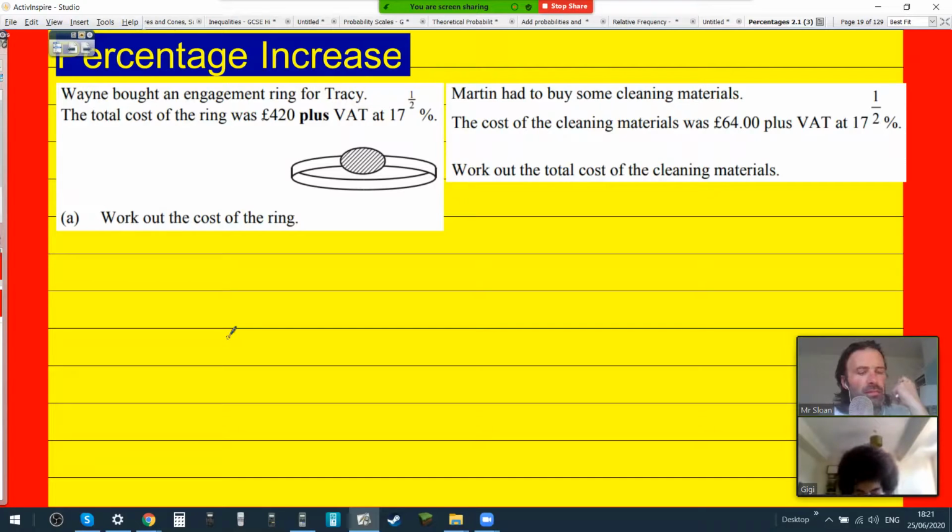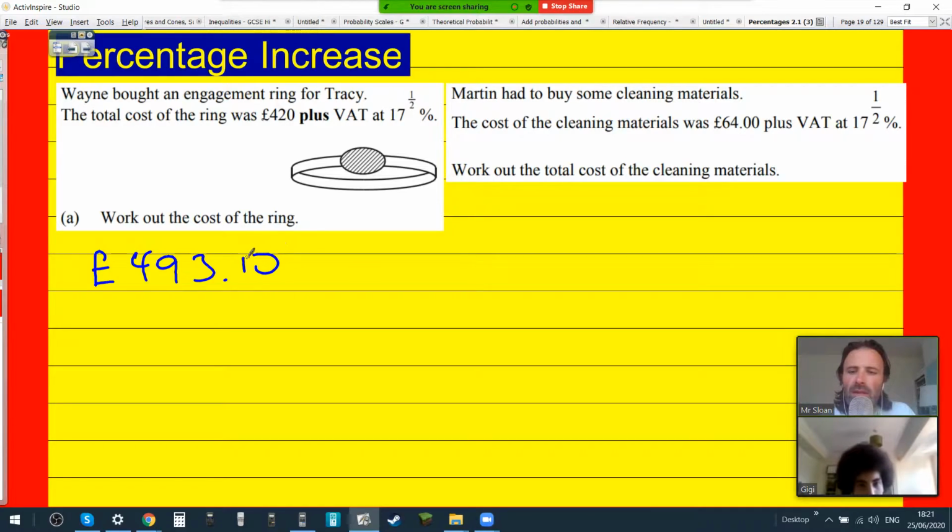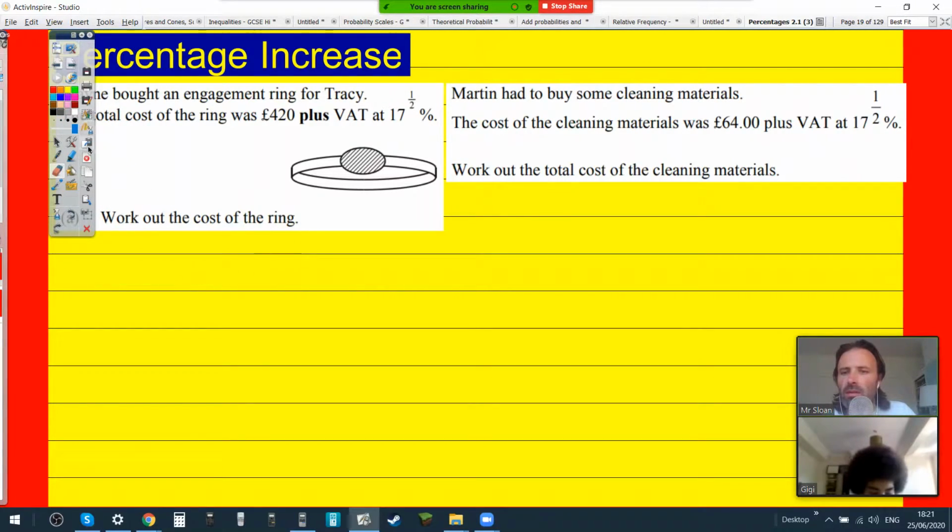Is it £493 and 10p? £493 and 10p. I think it is. Do I have the answer? And 50p I have. It's probably just adding up some little thing in there. What methods did you use to get 17.5%? Well, I found 1%, which is 4.2.